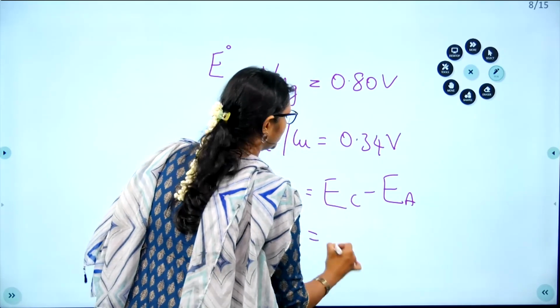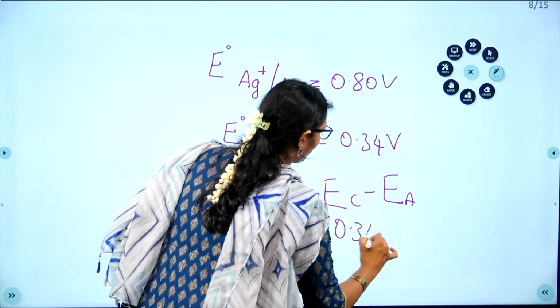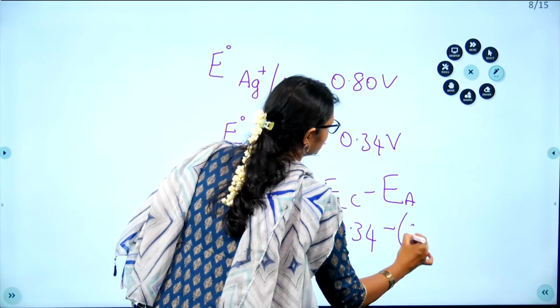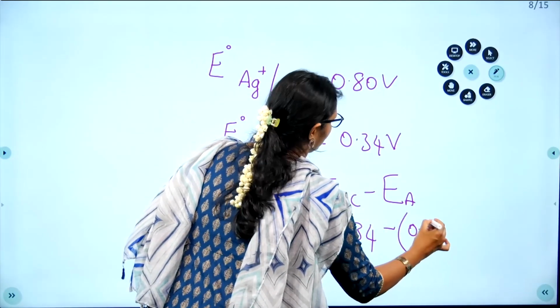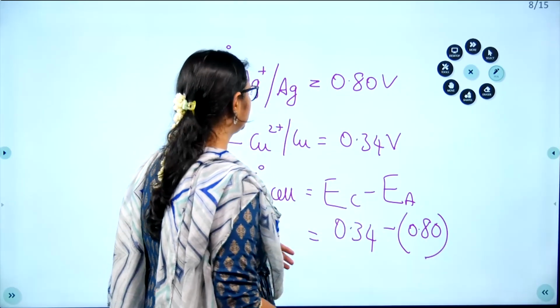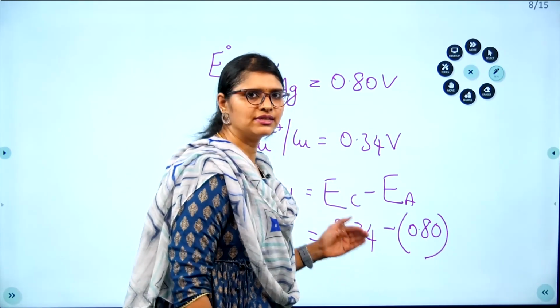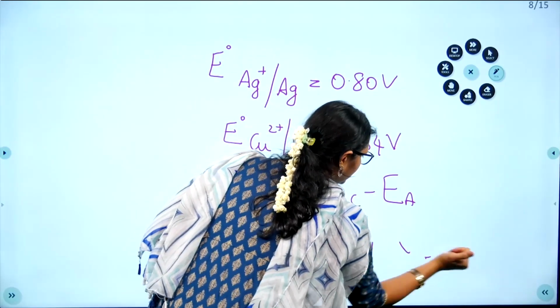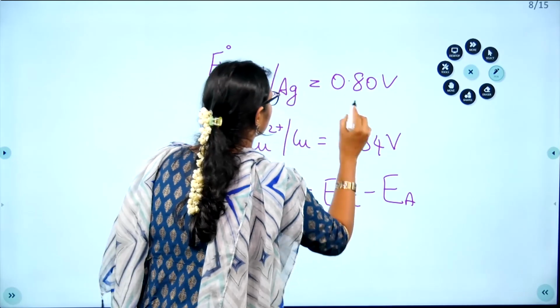So which is the cathode here? Silver, am I right? So now we have to write it in a reverse way, right? So which is the cathode here? Silver.